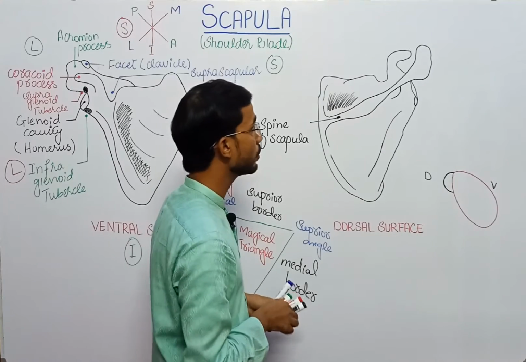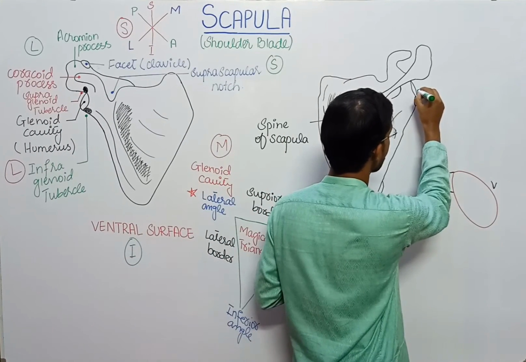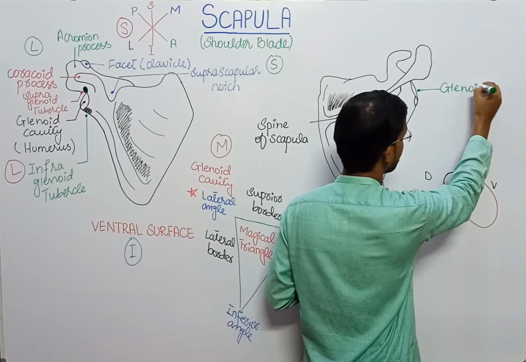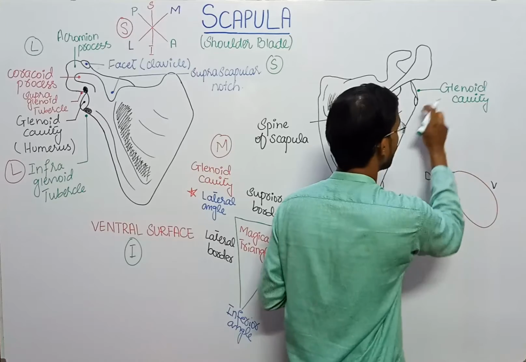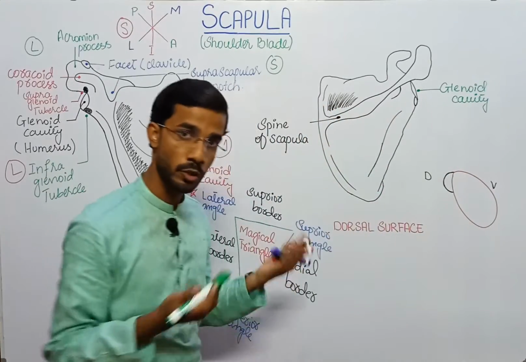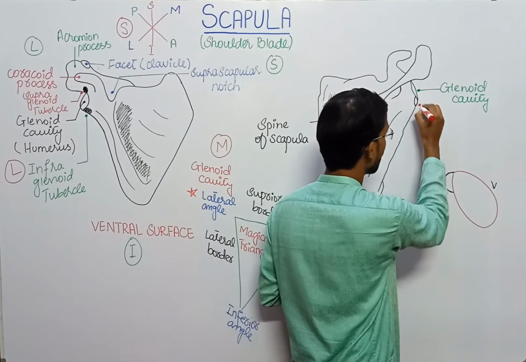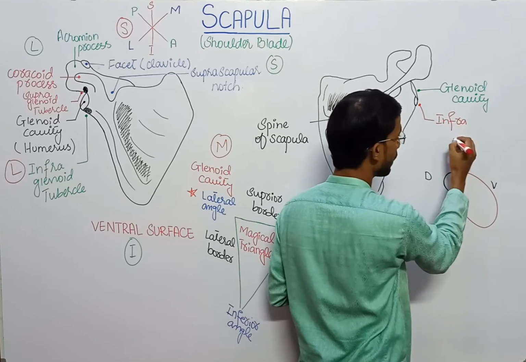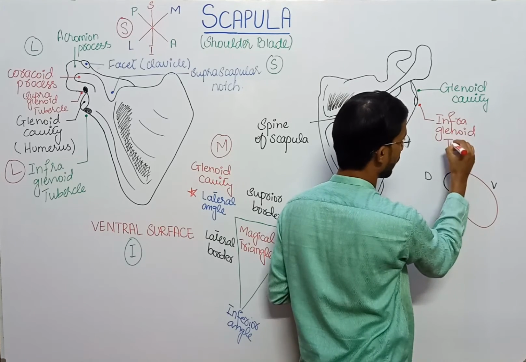And here you can see this is actually the same. This cavity is the glenoid cavity. And below the glenoid cavity there is a tubercle which is called the glenoid tubercle.